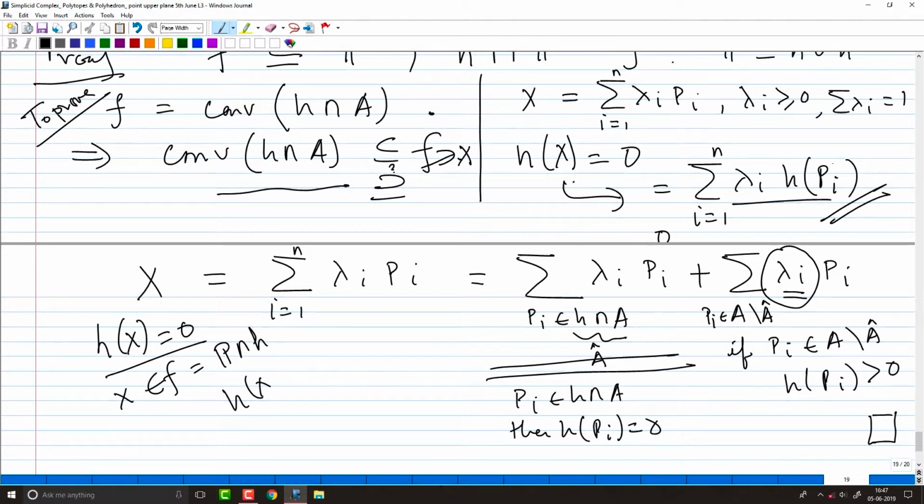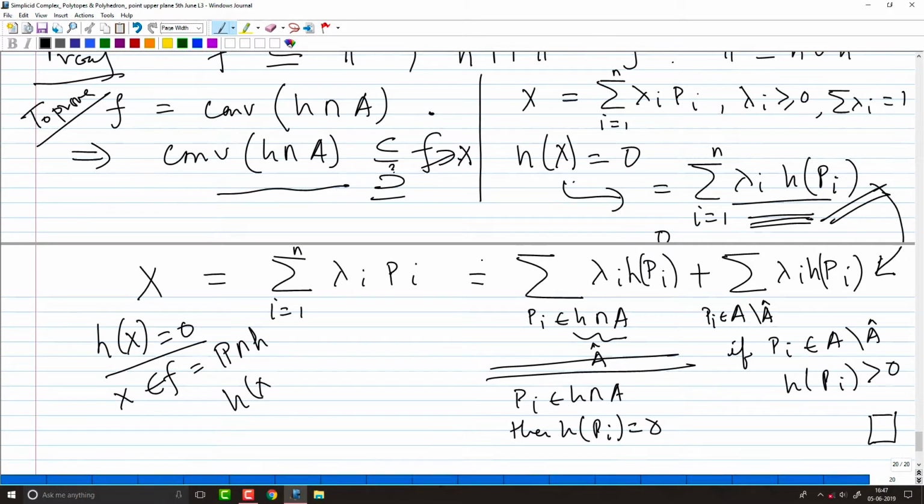So this summation itself, I can write it as this term is equal to this term.